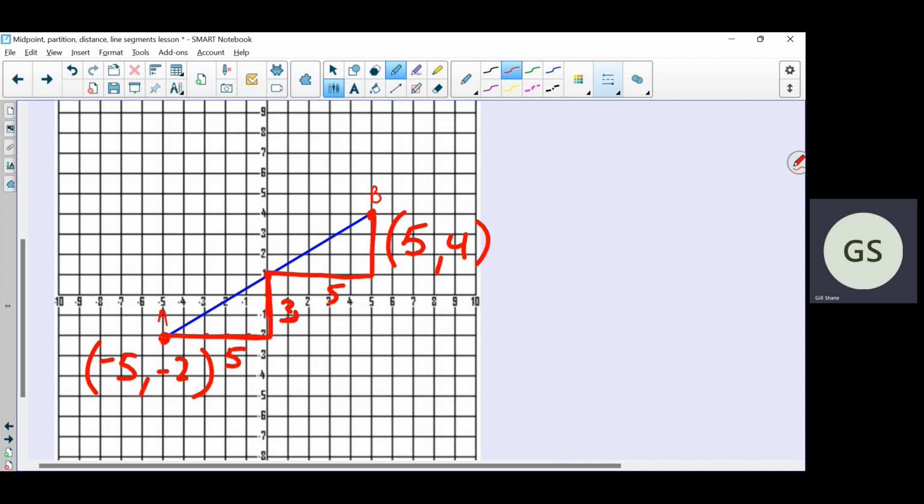So far, so good. 1, 2, 3. I got the same numbers. The bottom side is 5. The right side is 3 for both of them. That proves right there that this is the same length as that. If you don't get that, don't use it. If you get that, and you can repeat what I just did on a figure, that's the midpoint.